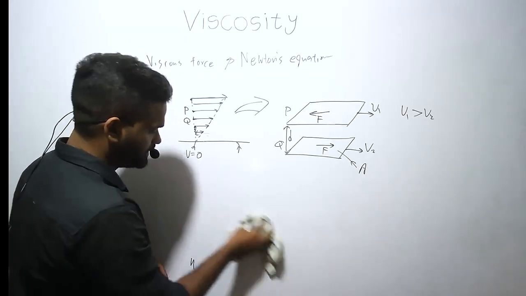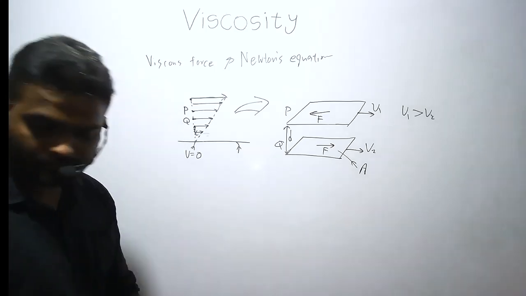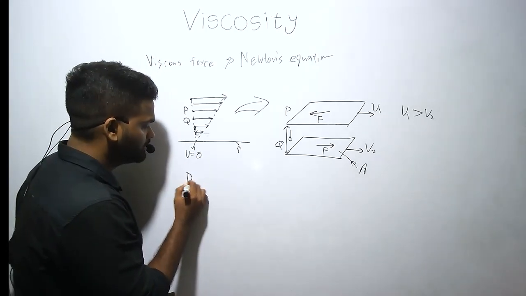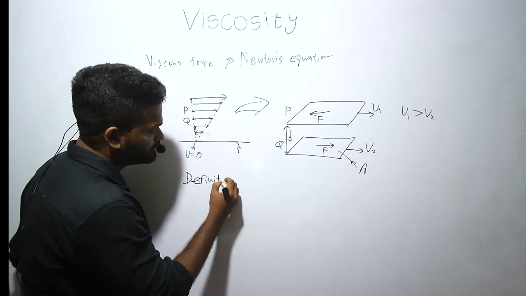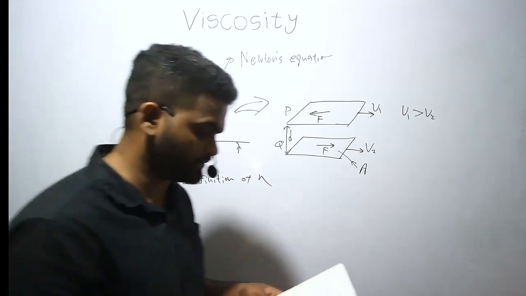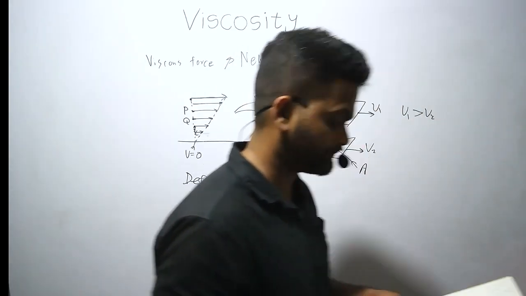So eta is called coefficient of viscosity, okay? That constant. Then write a subtopic, definition of eta. So we are going to need a definition for eta. So write down the subtopic definition of eta.